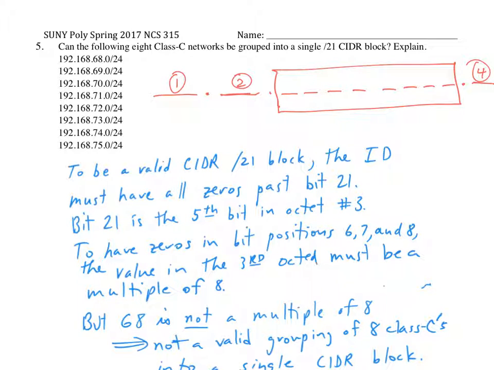Okay, and so we have 8, 16, 17, 18, 19, 20. Bit number 21 is the 5th bit in octet number 3. So to have zeros in bit position, we've got to have zeros from here on out.